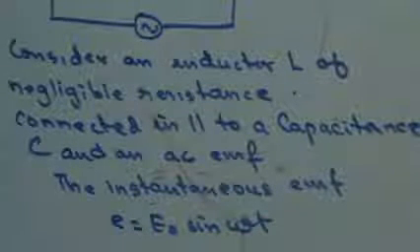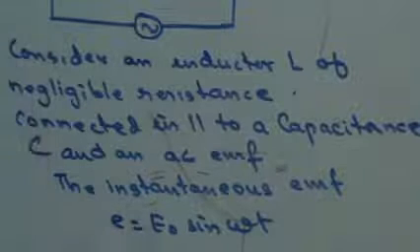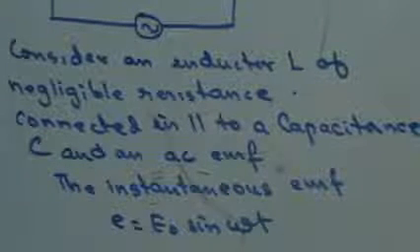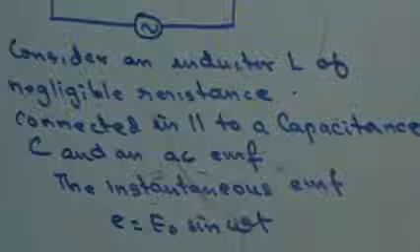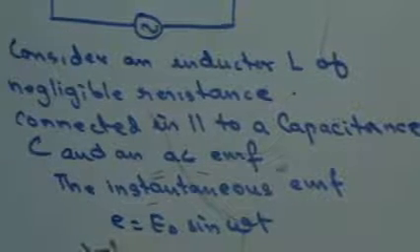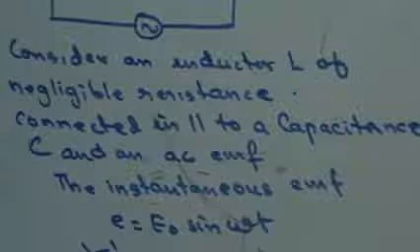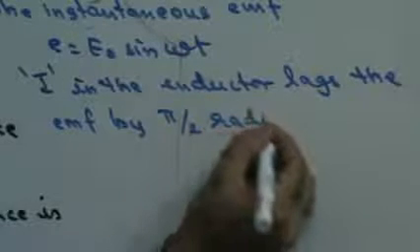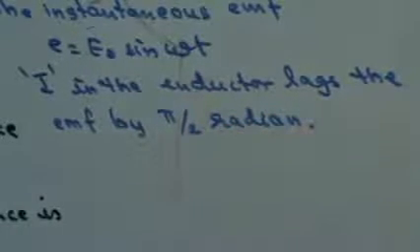Now we know that the current in the inductor lags behind the EMF by pi by 2 radians. In the inductor, the EMF leads the current.